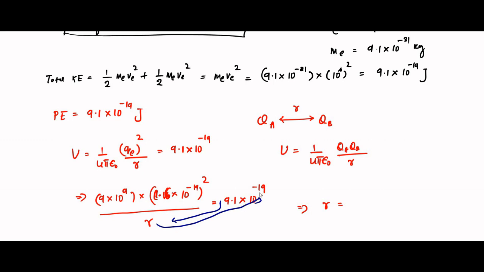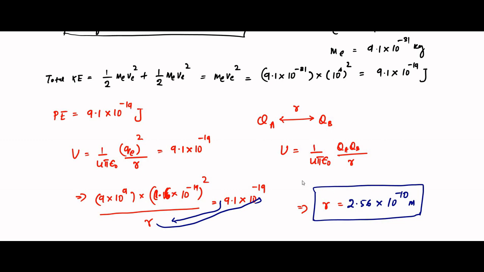This r comes around 2.56 into 10 to the power minus 10 meters. This is the value of r.